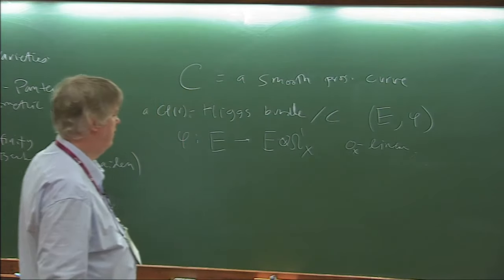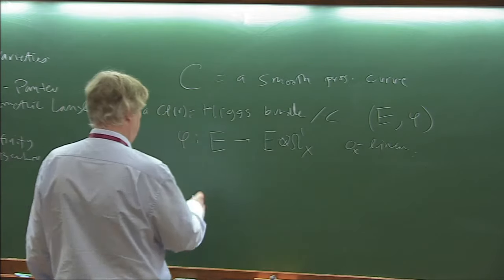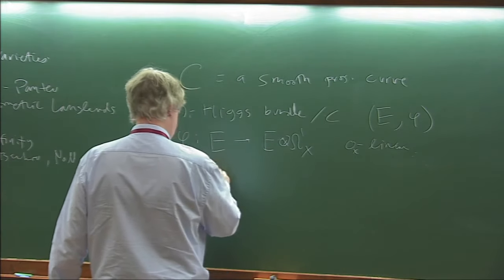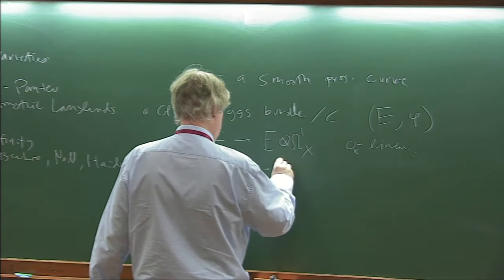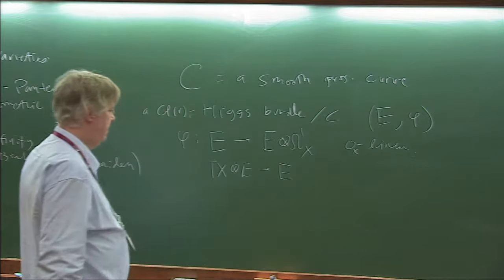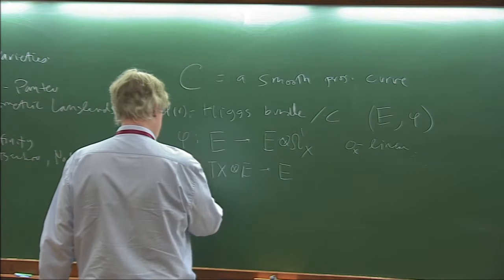Now, how can we view this in a different way? Let's do this in an abstract sense. We can rewrite this as T_X tensor E mapping to E, and this gives us an action of the symmetric algebra.